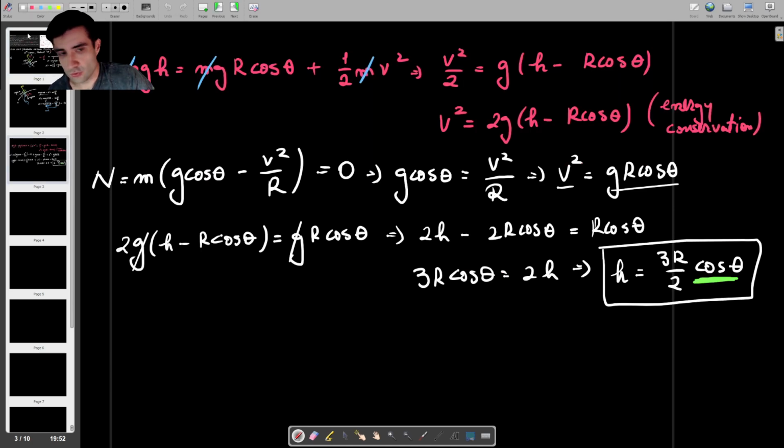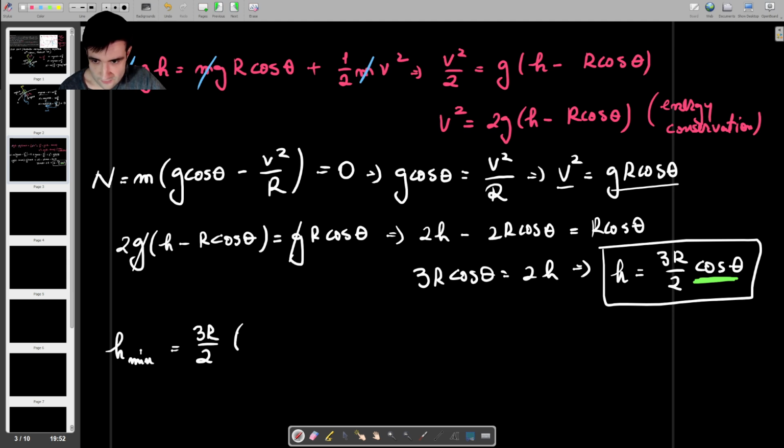So let's think about this. We're trying to minimize this expression of h, which is 3r over 2 multiplied by cosine of theta. 3r over 2 is a constant. Cosine of theta is not. So if we want to minimize h, we have to minimize the cosine.